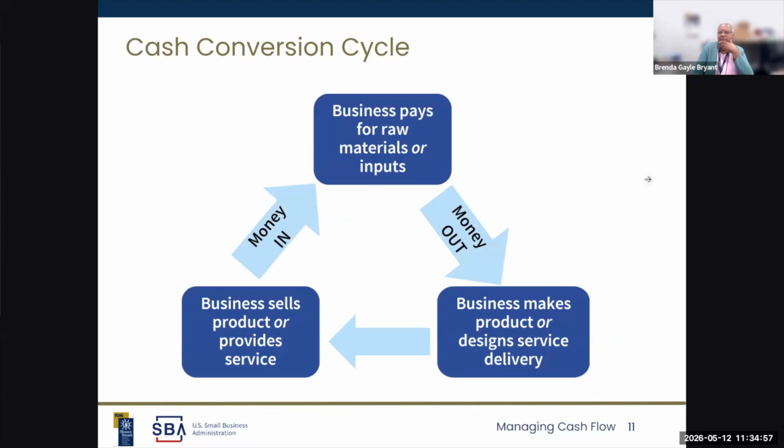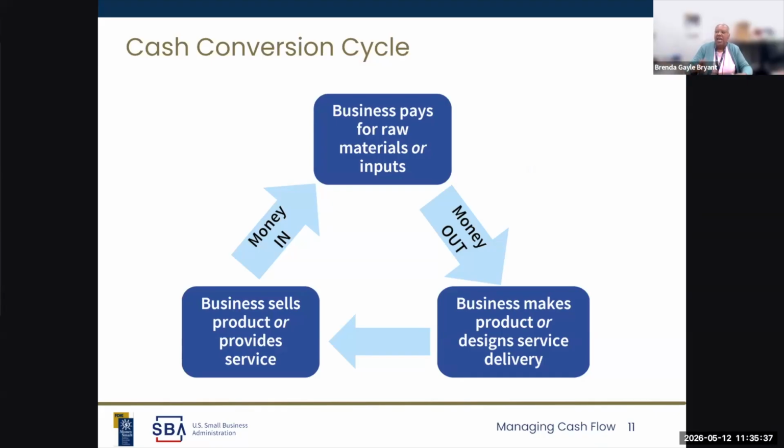So when you look at the cash conversion cycle, in this case I have a product, and I pay for my product. I have to pay for the raw materials or the inputs. If we're talking about the Wired Cup, the raw materials are coffee and pastries and things that we put them in, like cups and plates and napkins, et cetera.